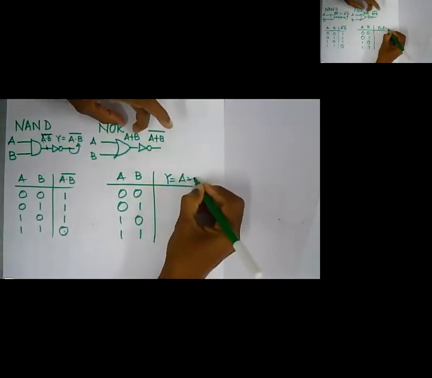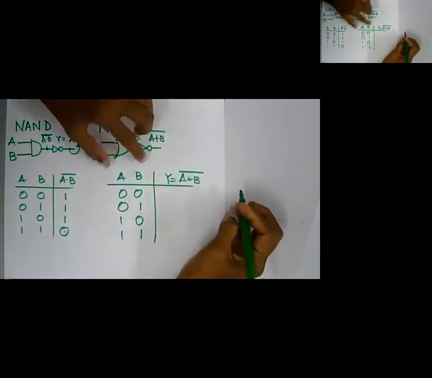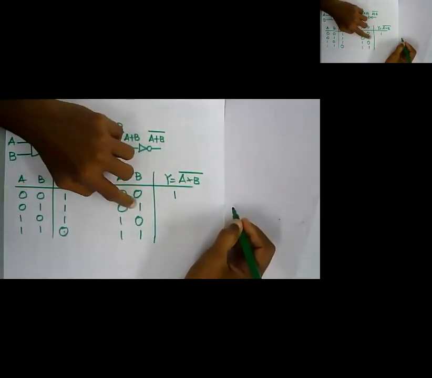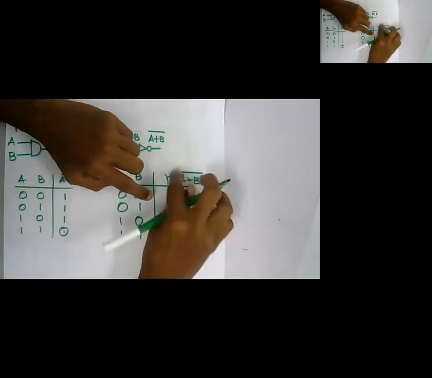Now this will be A plus B bar. 0 plus 0 becomes 0, and 0 bar becomes 1. 0 plus 1 becomes 1, and 1 bar becomes 0. 1 plus 0 becomes 1, and 1 bar becomes 0. 1 plus 1 again becomes 1 and 1 bar becomes 0.